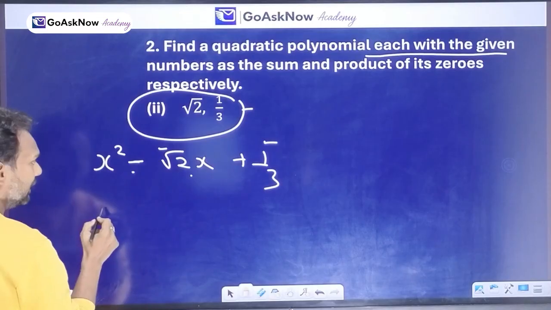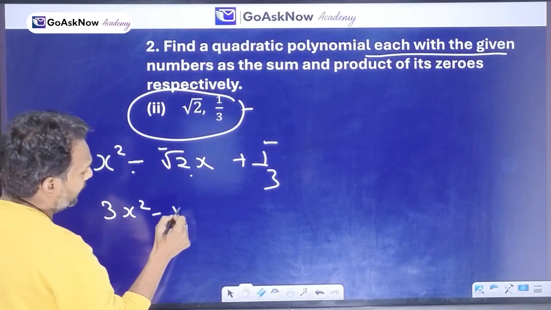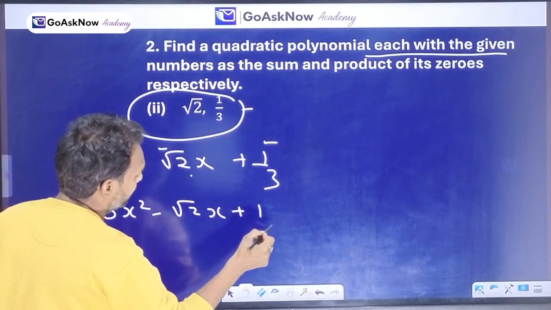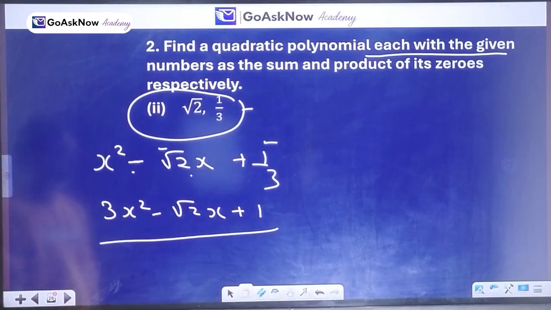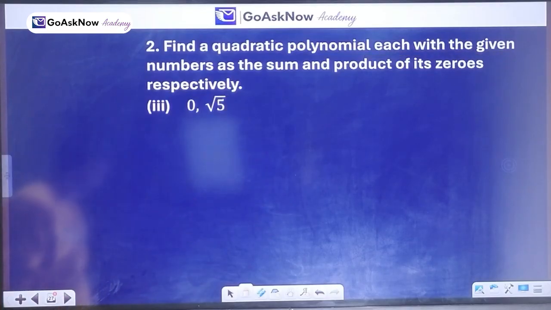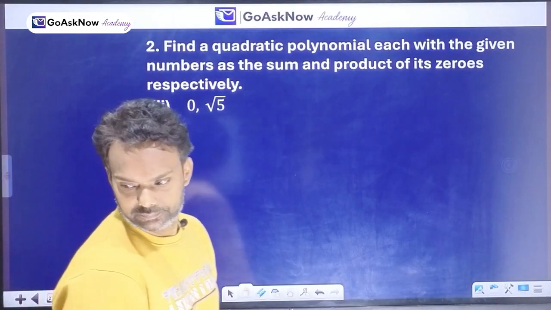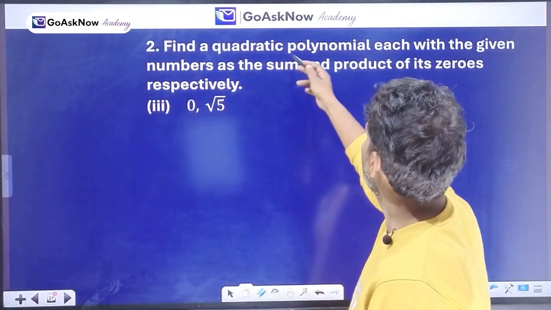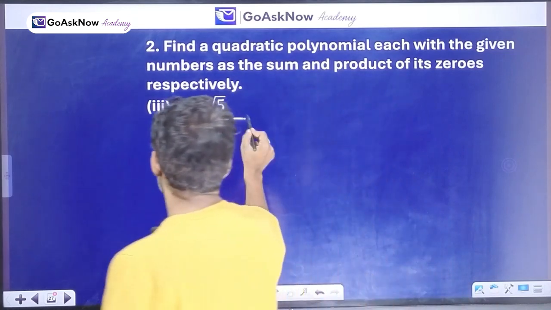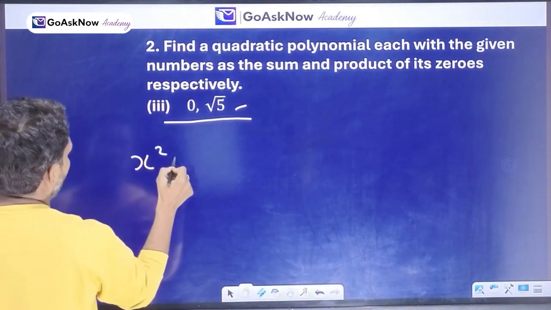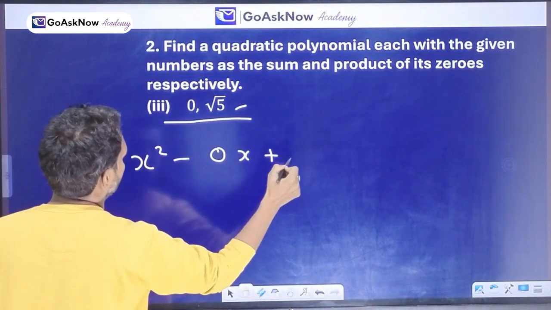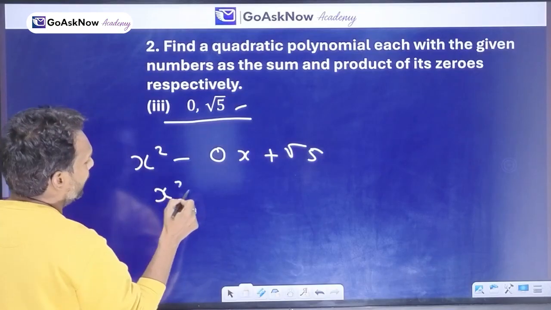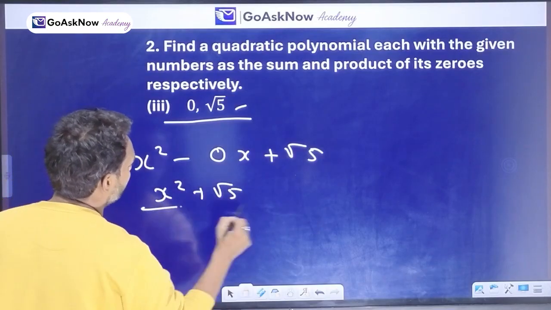By multiplying with 3, we get 3x square minus 3 root 2 x plus 1. Find a quadratic polynomial. Now, this is sum of roots and this is product of roots. So, x square minus 0x plus root 5. So, x square plus root 5 is the required quadratic equation.